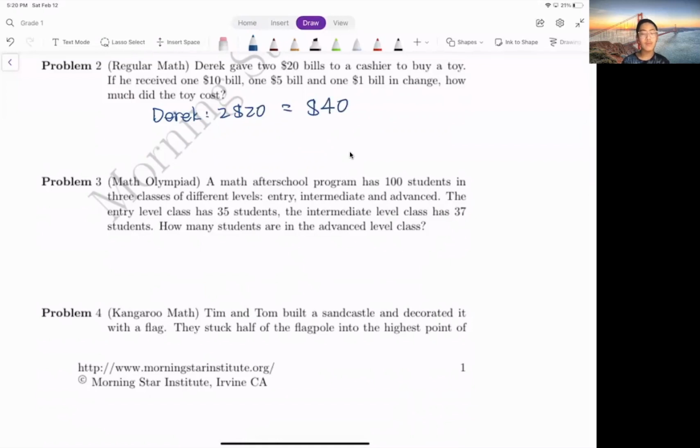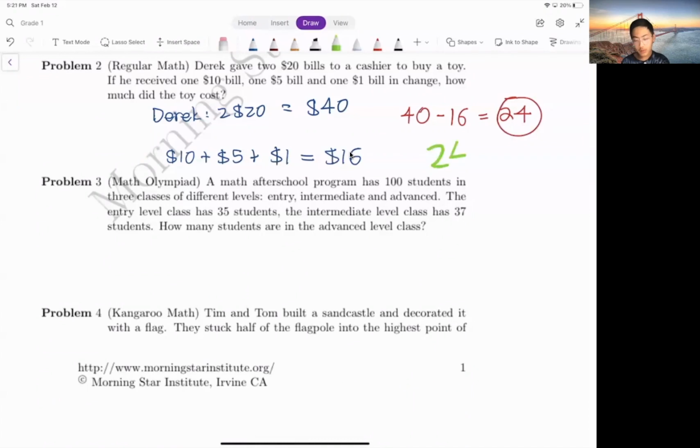And now if he received one $10 bill, which would be 10, plus one $5 bill, which is 5, plus one $1 bill, which is 1, then that should just be $16 in change. So that means we just have to subtract 16 from 40, and that gives us that the cost of the toy that he bought was 24. So $24 should be your answer.